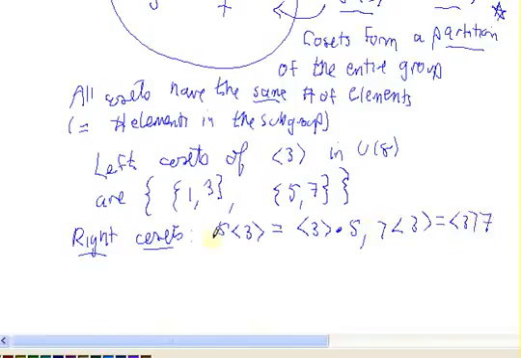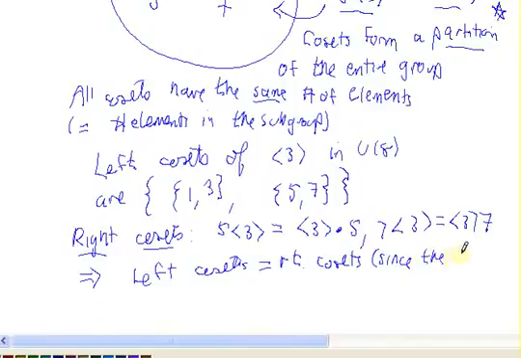So in this case, the left cosets are equal to the right cosets. And you can see that this was always going to be true since the group is abelian. Whenever you have an abelian group, it's quite clear that the left cosets and the right cosets will be equal to each other.